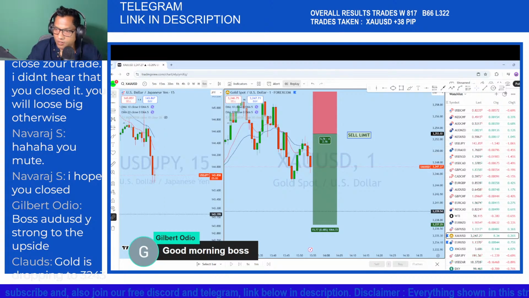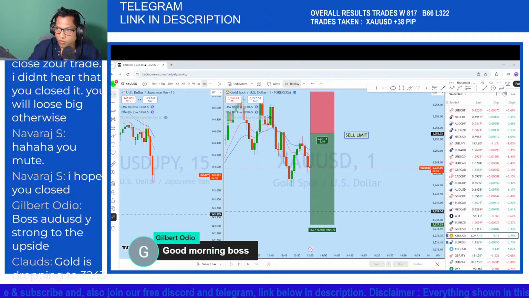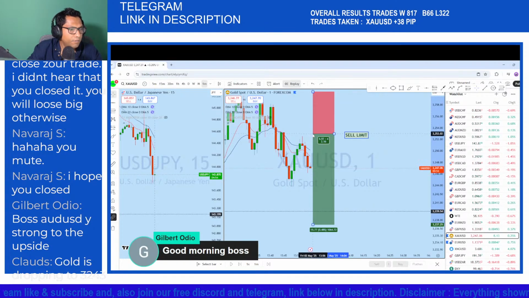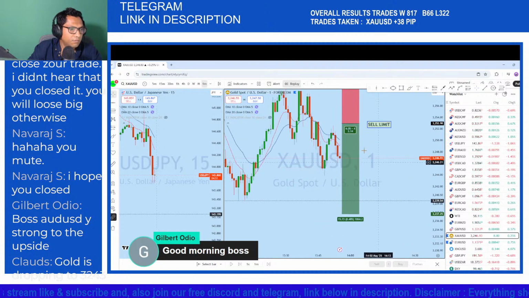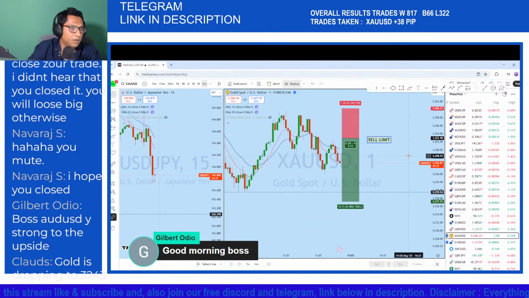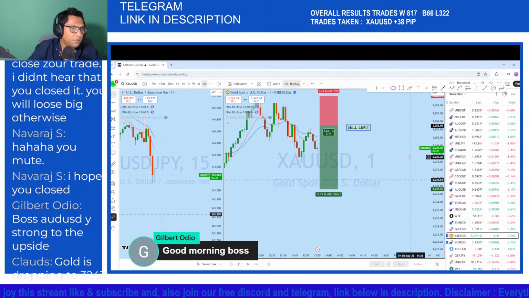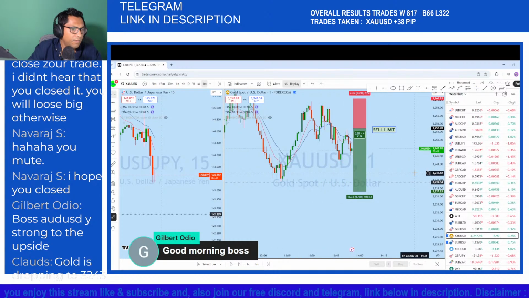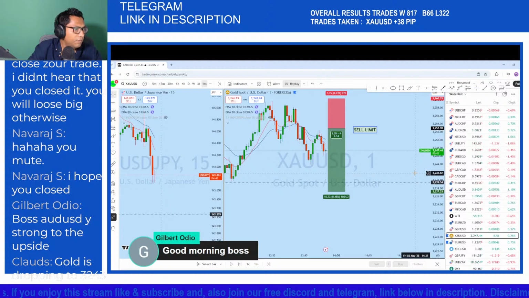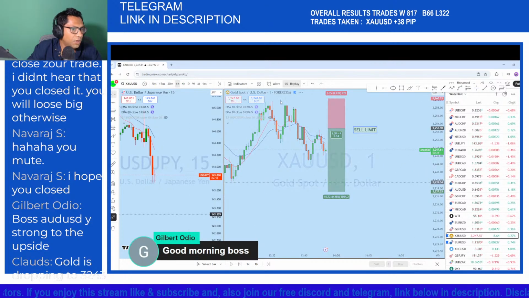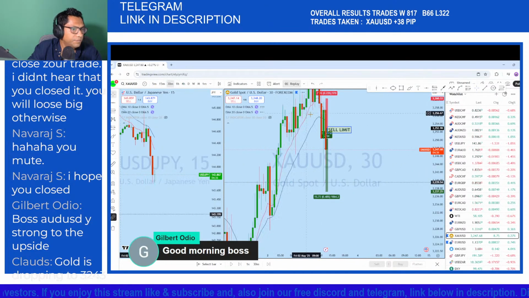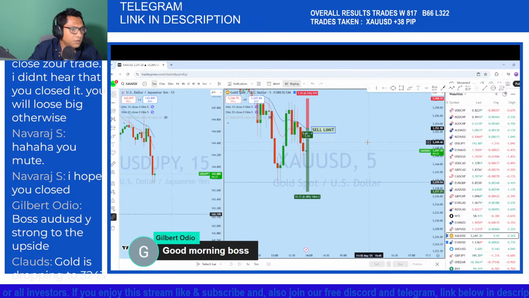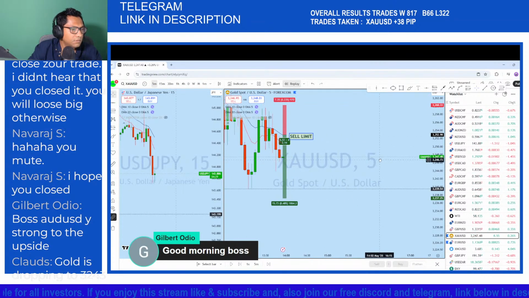So when it doesn't trigger, we will be waiting for a trigger. I think it might now remain bearish here. If we look at the 1-hour, it's dropped again. 30 minutes, 10 minutes, 5 minutes.